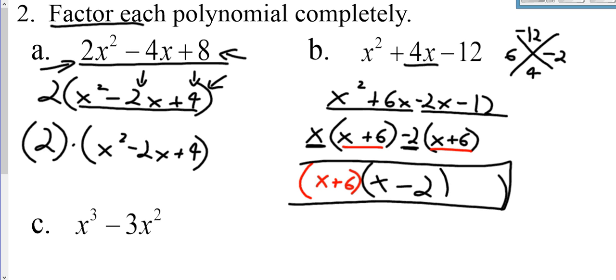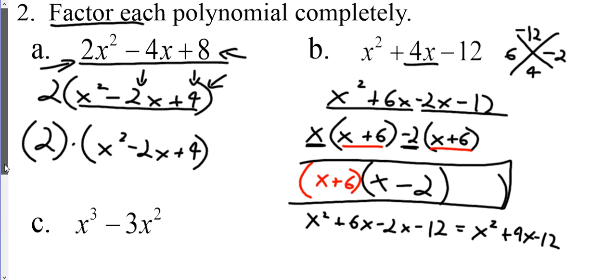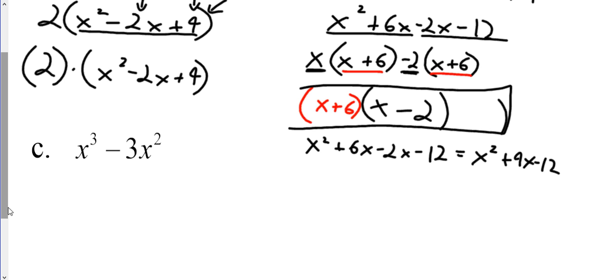I can check my work here by double distributing. I do x times x, I get x squared plus 6x minus 2x minus 12, and I can see that this is indeed equal to x squared plus 4x minus 12. Check my work.